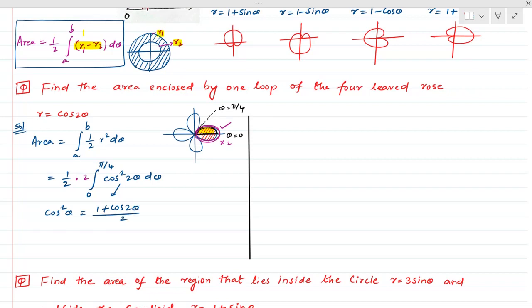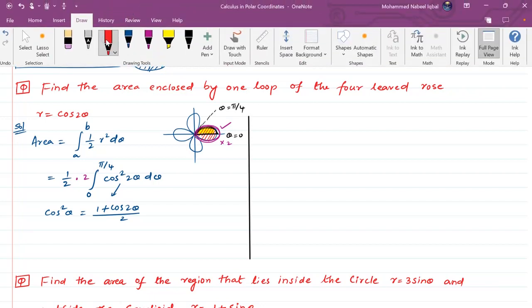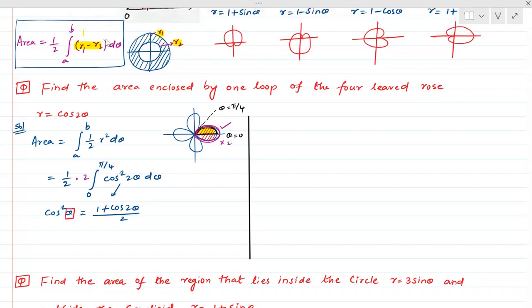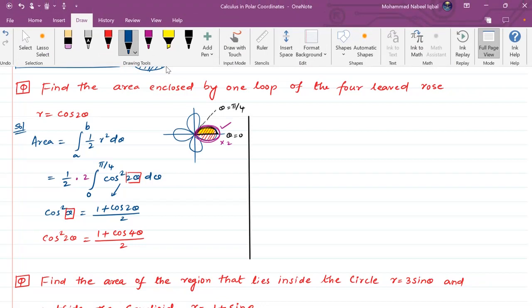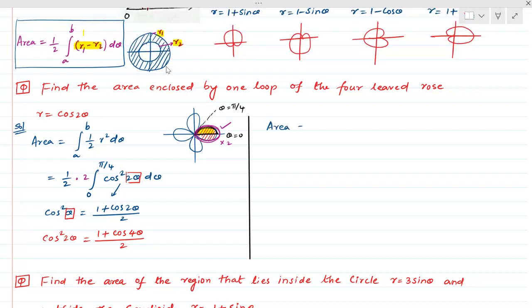Here, in place of theta, you have 2 theta, so I replace theta with 2 theta. Therefore, cosine square 2 theta equals 1 plus cosine 4 theta over 2. This is the formula I am going to apply here. So the area is given by, and these two get cancelled.